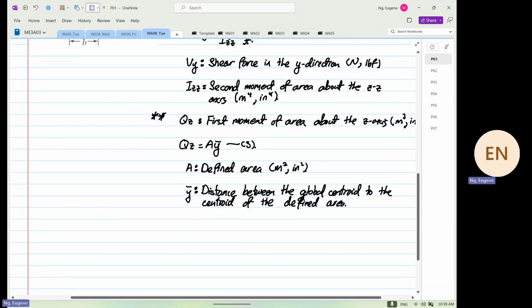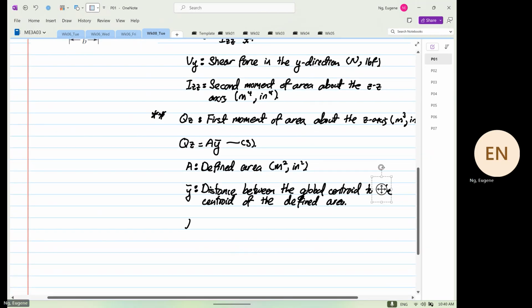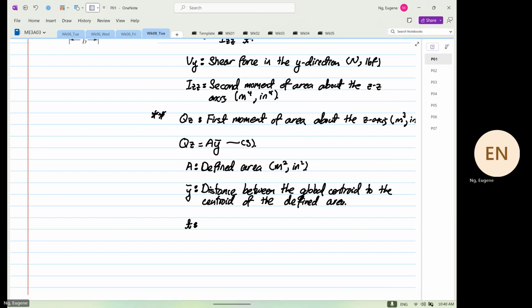And t is the thickness of the defined area, and is in meter or inches.